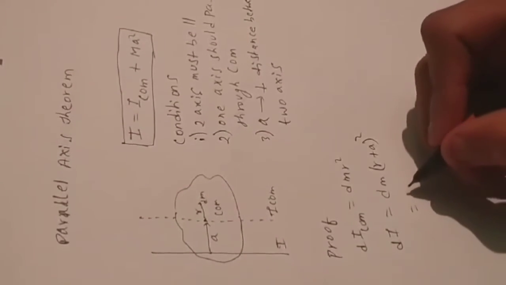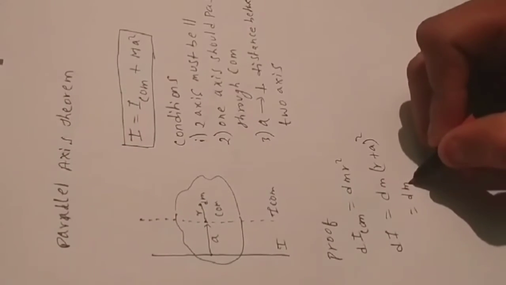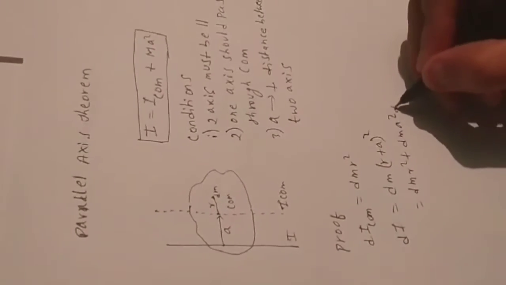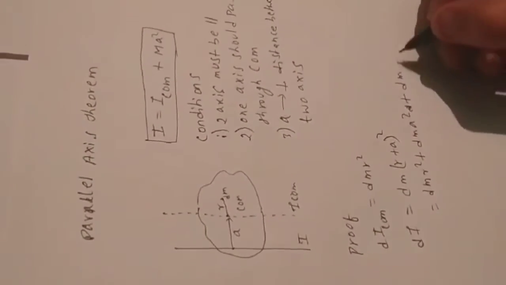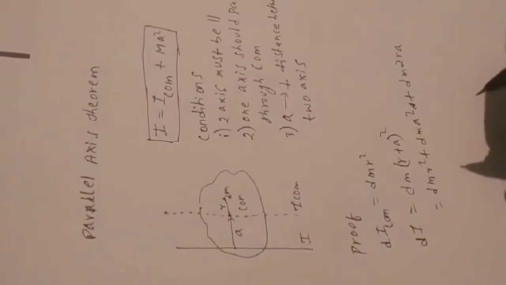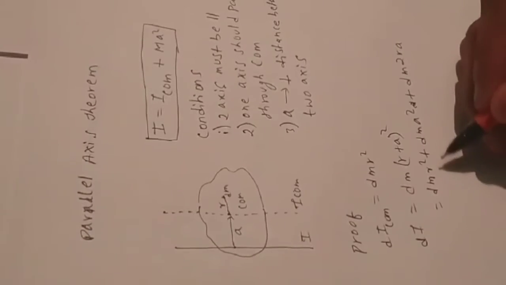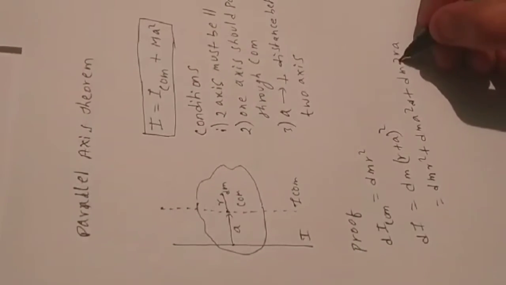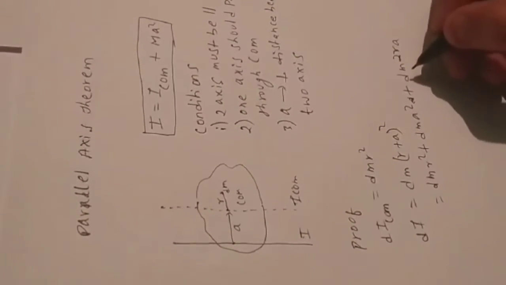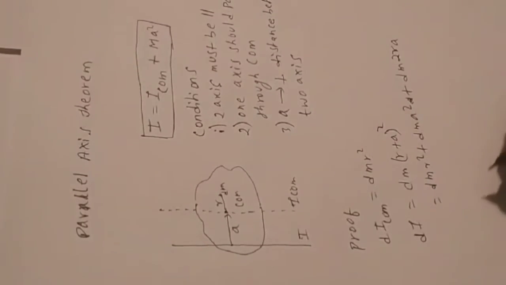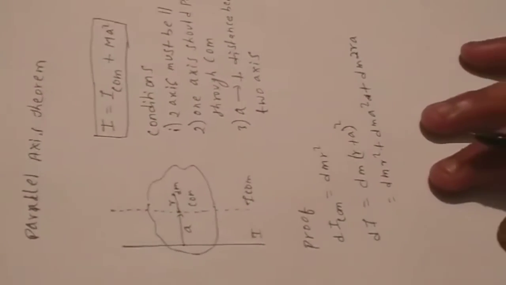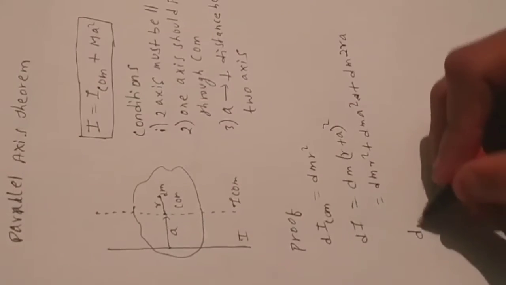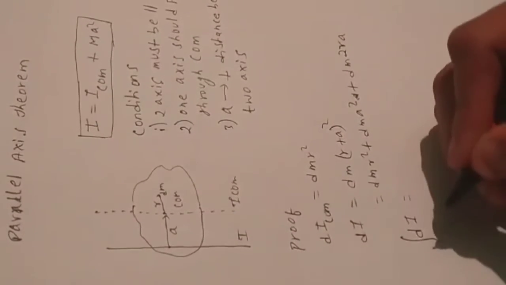Let's elaborate this. (a plus r) whole square is a square plus r square plus 2ar, which is multiplied by dm. Let us integrate it.